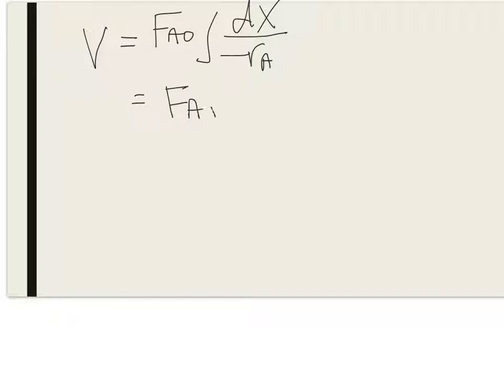What should be done here is we solve the design equation, where V equals FA naught integral of dx over minus RA, and minus RA is K CA naught (1 minus x).